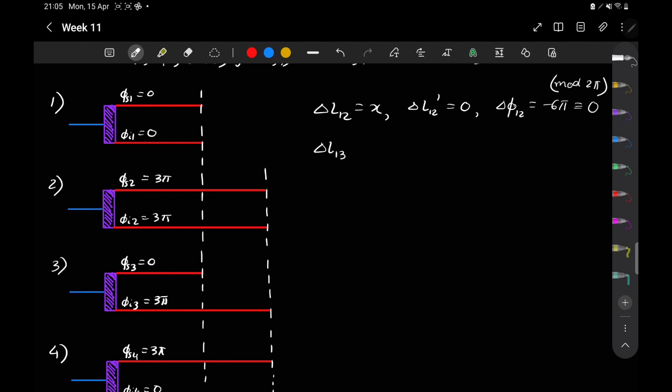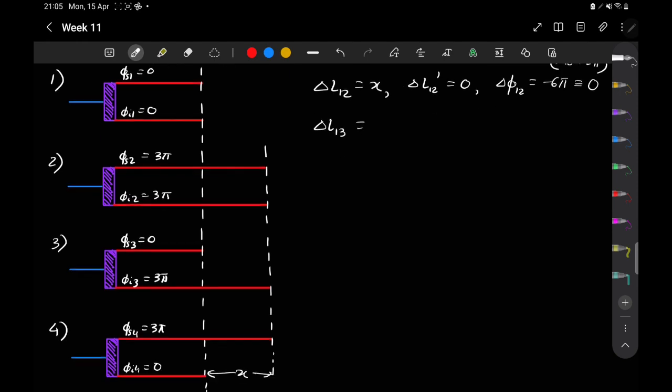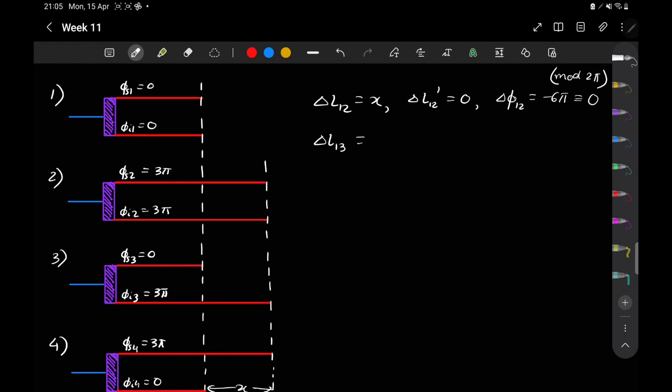Then between 1 and 3, delta L is x by 2, because only one of this path is x, the other idler signal part is not going up to extra path length. Delta L prime is also not going to be 0 here because of this asymmetry. So delta L prime is going to be x, that's the asymmetry in the paths between signal and idler.